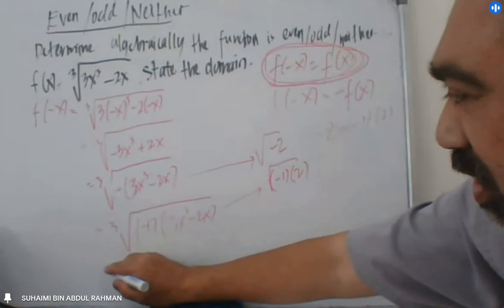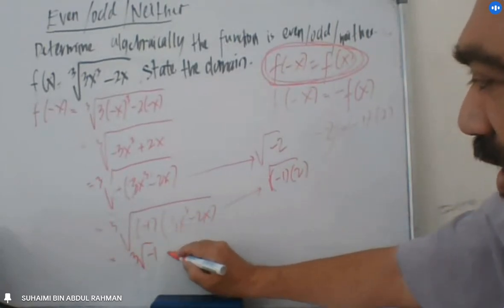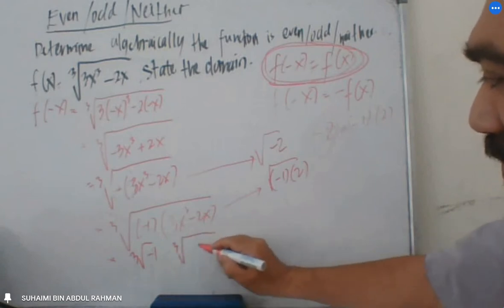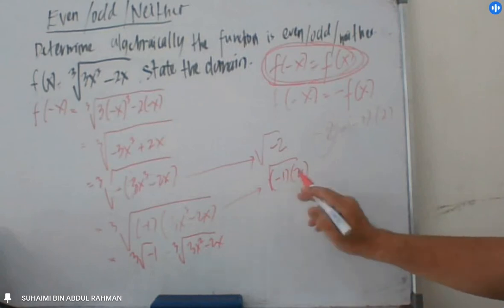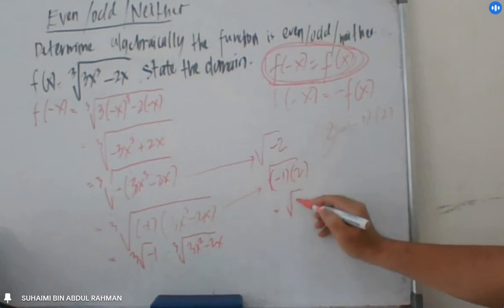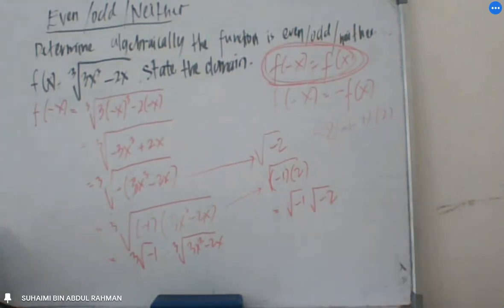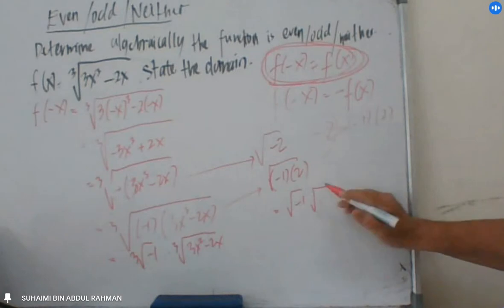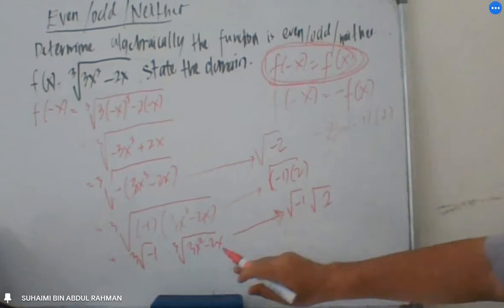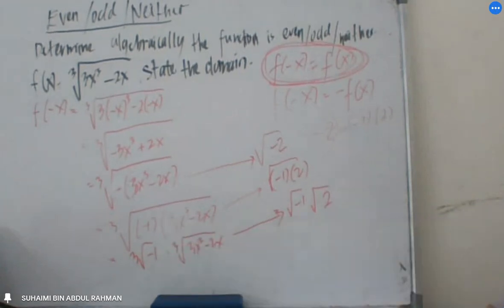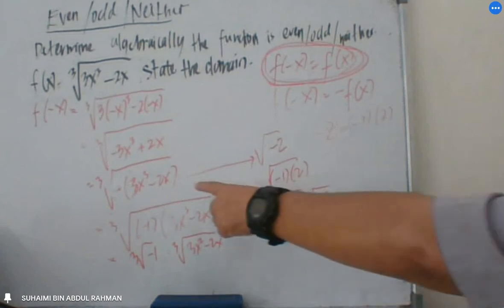So, this is the same as cube root of minus 1 multiplied by cube root of 3x squared minus 2x. This is the same as cube root of minus 1 times cube root of 2. Easy, can you see? Look carefully.